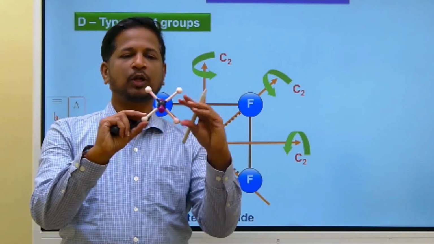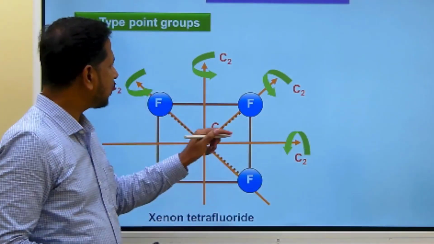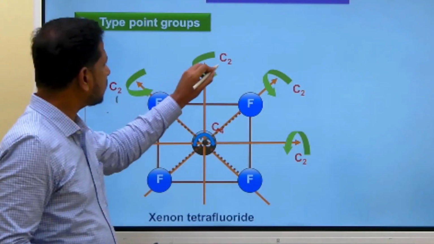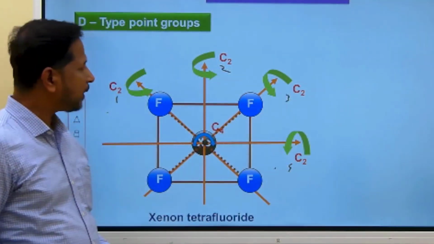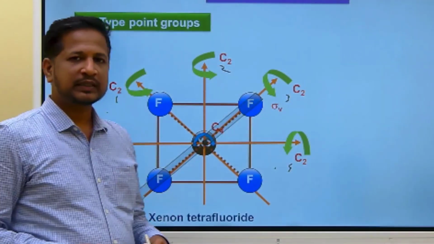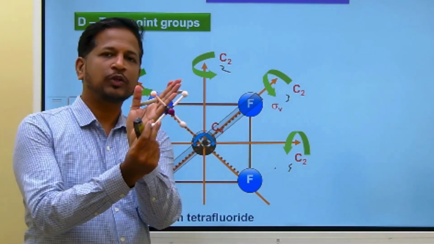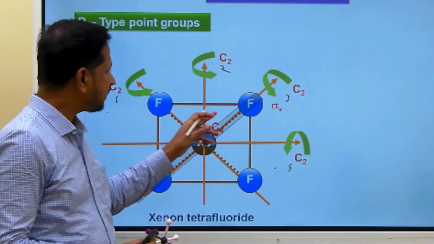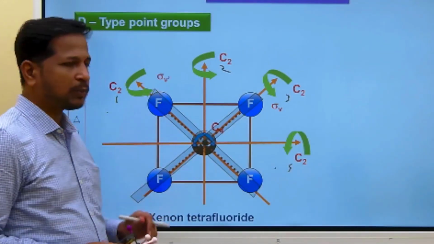And if you rotate the molecule like this, you will get the fourth C2 axis. This is how there are a total of four C2 axes present in this molecule. Now apart from these C2 axes, there is a vertical plane which divides the molecule into two halves. So this is how the molecule will get divided. This is the first vertical plane. This is the second vertical plane present in the molecule.